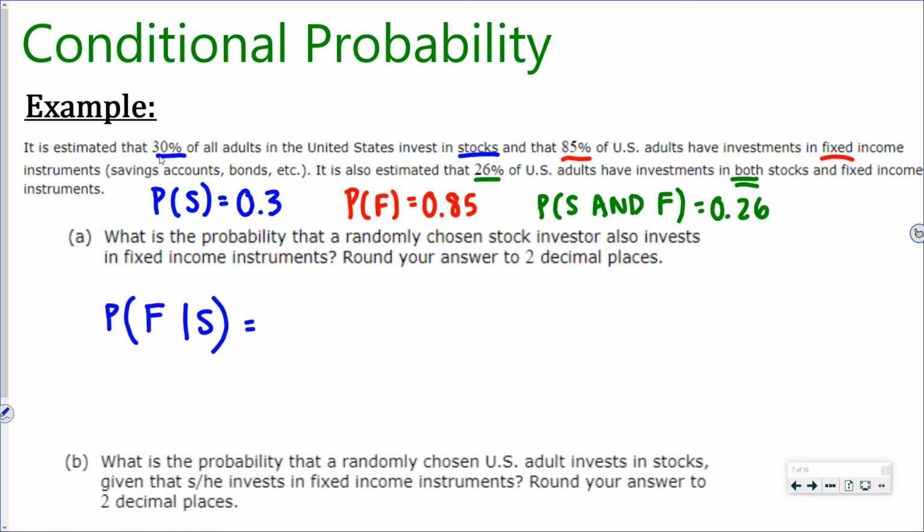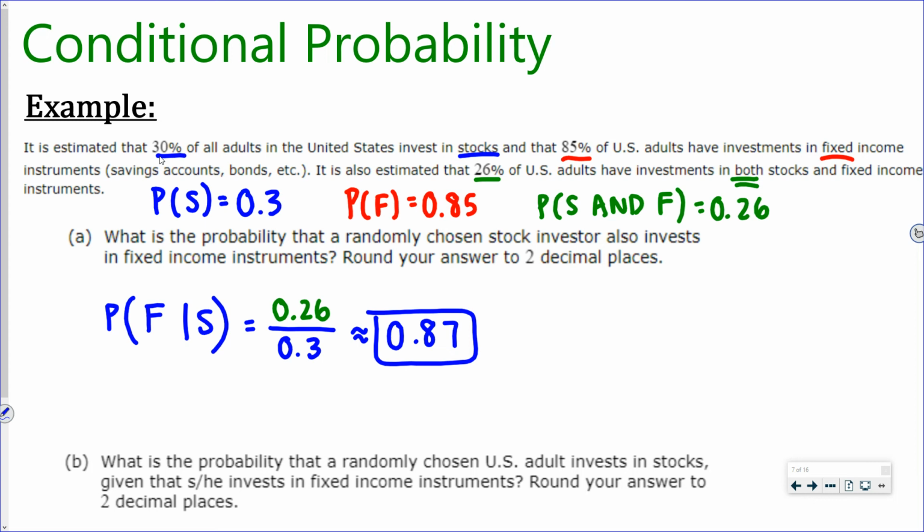So you got to take the probability of having both, which is 0.26, that many percent, out of my total population of just investing in the stocks, 0.3. So it's about an 87% chance.